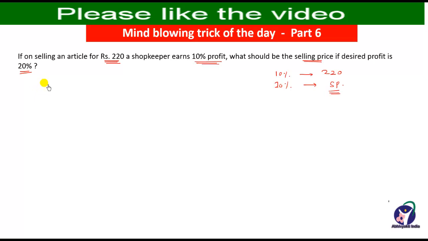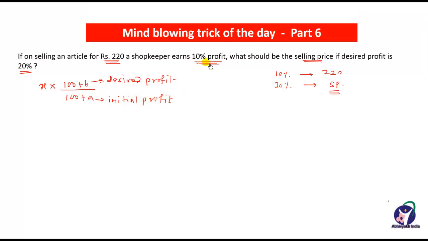Here the formula is x into (100 plus B) upon (100 plus A), where B is the desired profit and A is the initial profit. Here the initial profit is 10% and the desired profit is 20%, and x is the selling price.